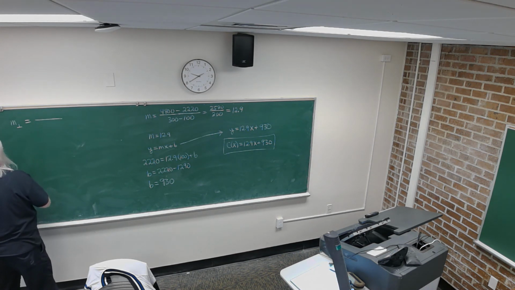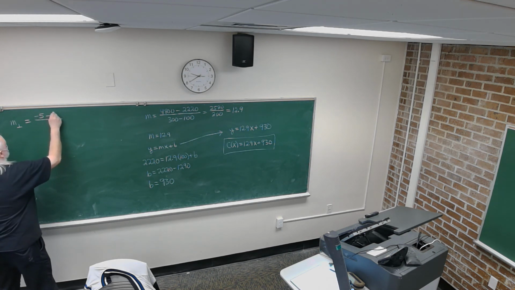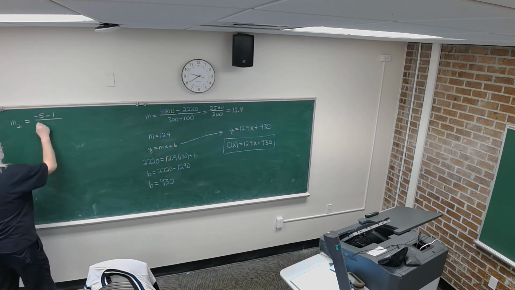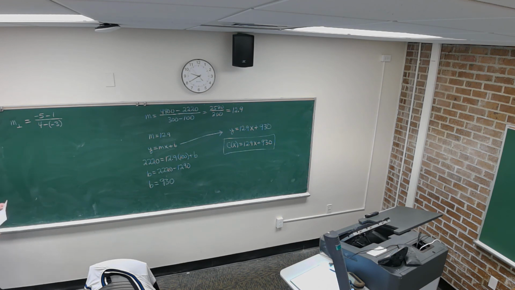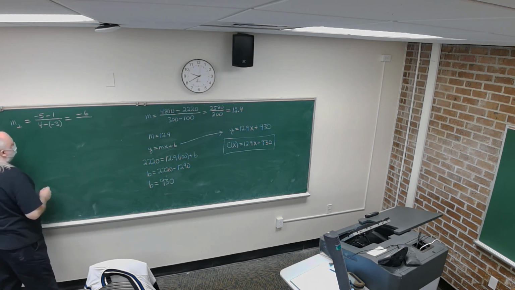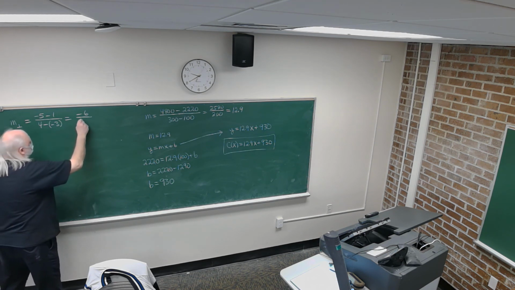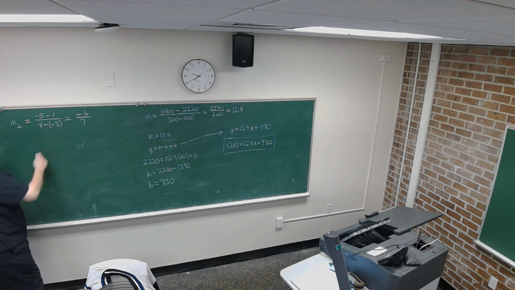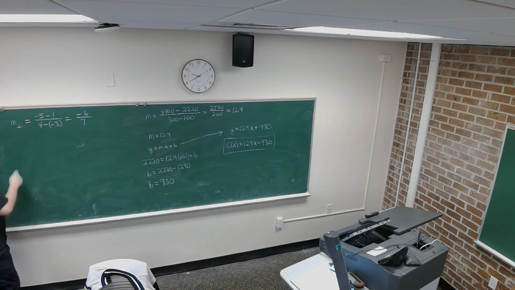And so I wrote change in y, it's -5 minus 1. Then change in x is 4 minus a negative 3. Well, -5 minus 1 is negative 6. And 4 minus a negative 3 is plus 7, right? Minus a negative is the same as plus a positive. And so the slope of the given line is -6/7.